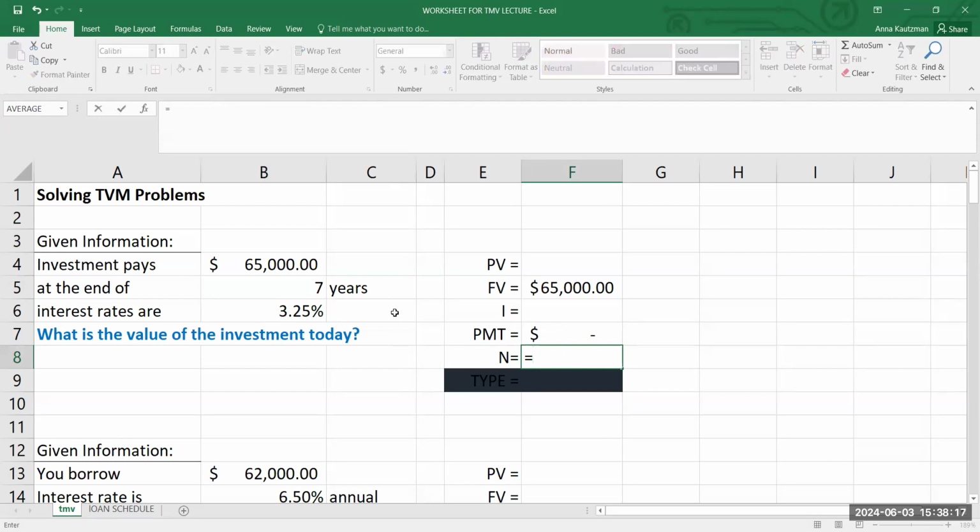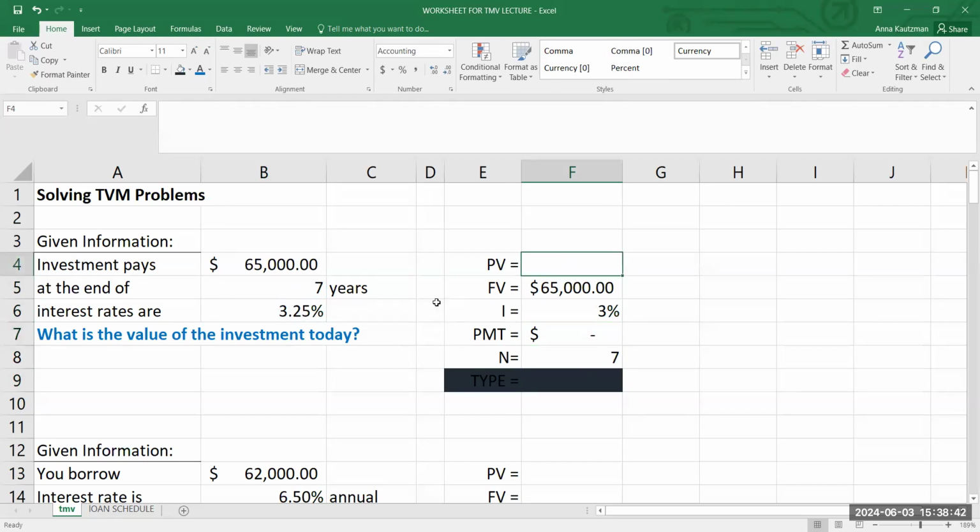Again, type in equal, click on the 7, hit enter. The interest rate is given at 3.25%. So again, instead of retyping information, risking a typo, I'm going to do an equal sign, click on it, and hit enter. So all the information it gave me is now accounted for.